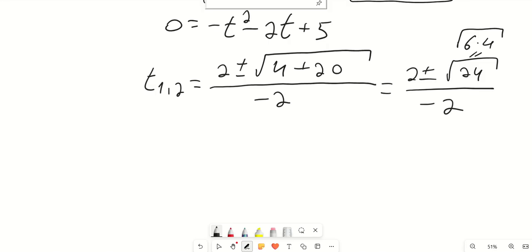Now we need to show that q equals ln of the square root of 6. So I know it's something with the square root of 6. I continue here. I have 2 plus minus, and now when I have square root of two terms that come in multiplication, I can simply write it as the square root of 6 times the square root of 4, and the square root of 4 is 2.